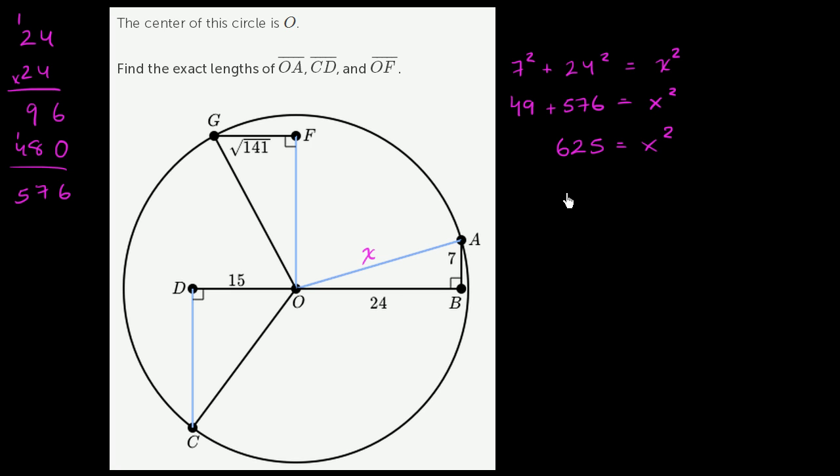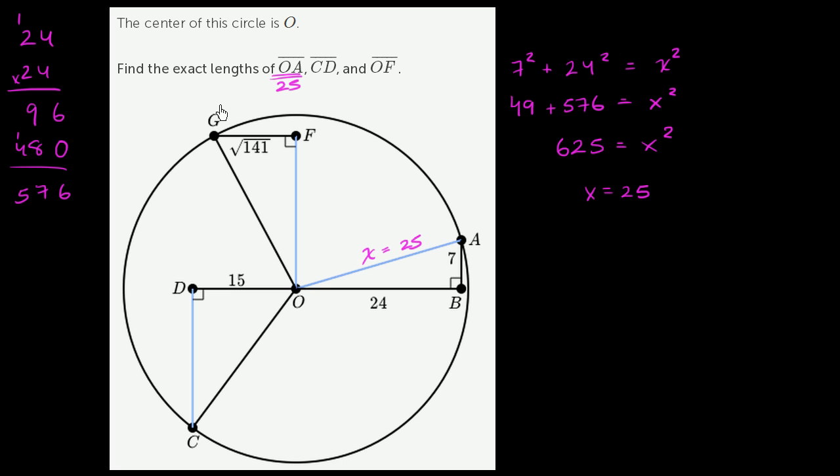And you might recognize that 25 times 25 is 625. So x is equal to 25. And if you don't believe me, you can multiply that out on your own.